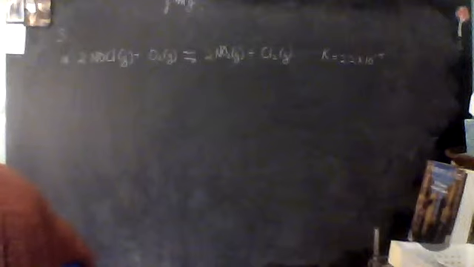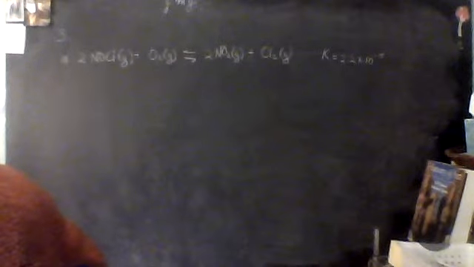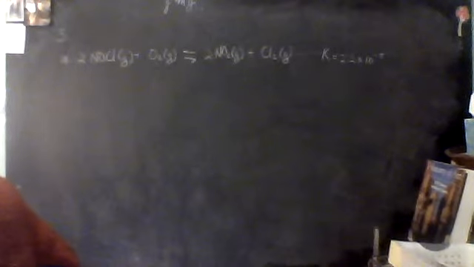In bold at the bottom of the page: when K is large, the equilibrium is weighted toward the products side. When K is small, the equilibrium is weighted toward the reactants side. And when K is near unity, meaning close to 1, the equilibrium is balanced between reactants and products.